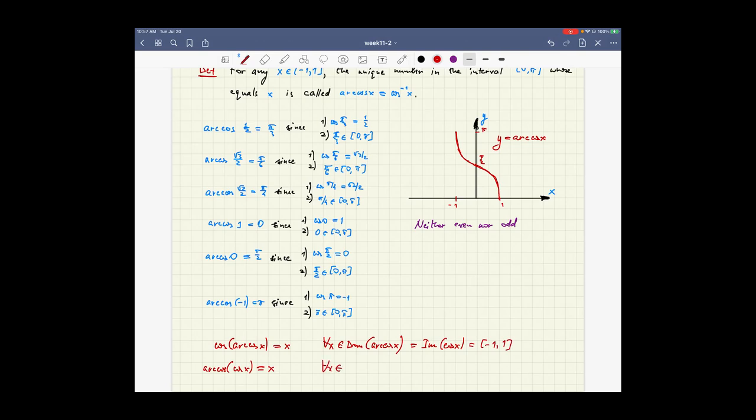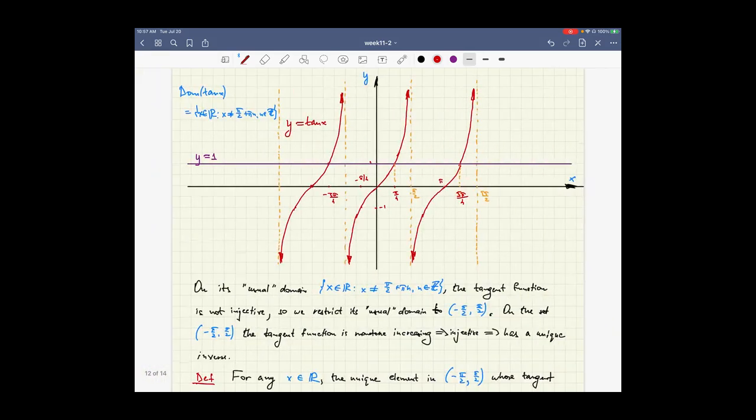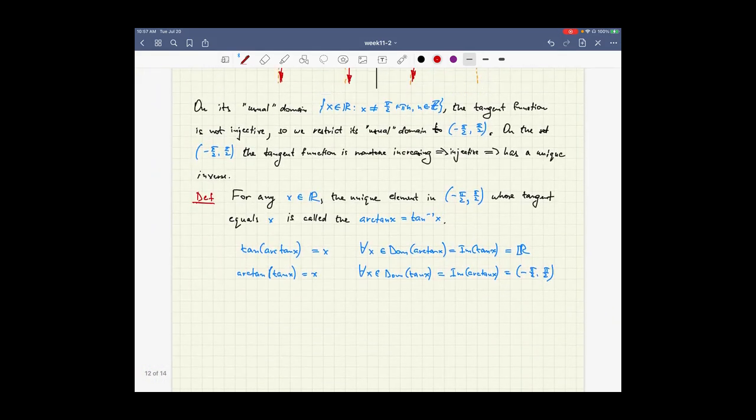And this here is for every x in the restricted domain of cosine, which is also the image of arc cosine, which is the interval 0, pi. The same thing for tangent we just wrote.